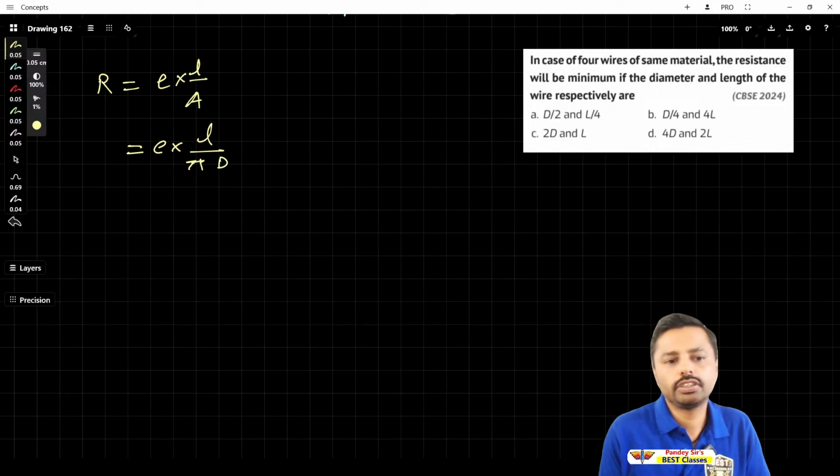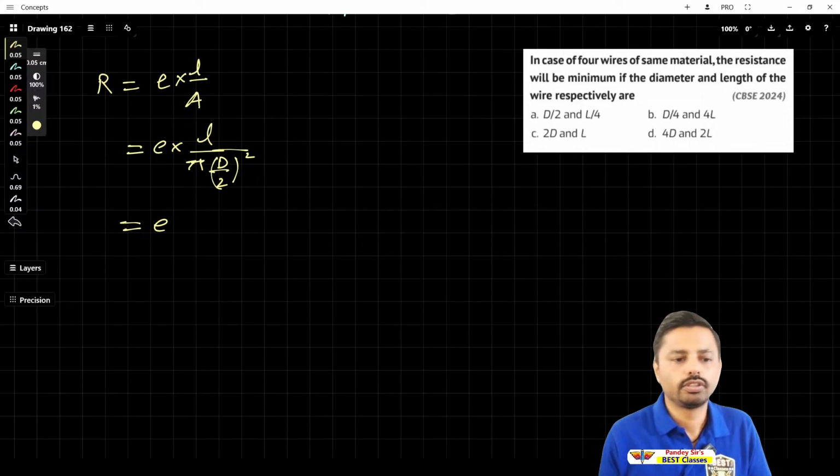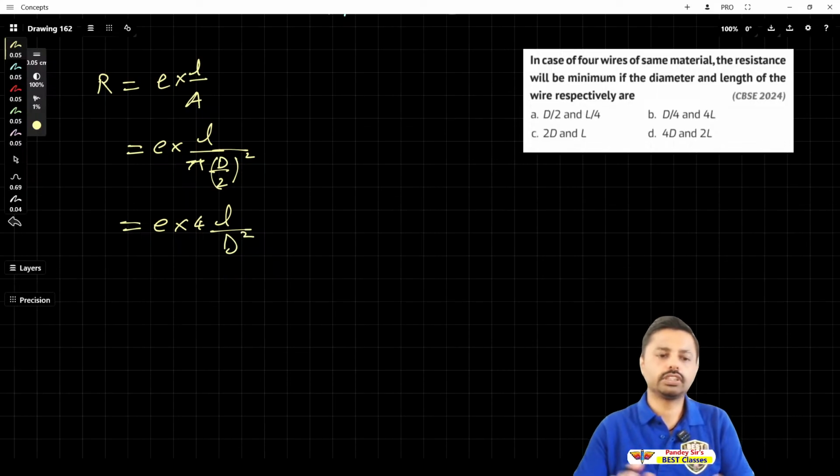R can be written as d by 2 square, which can be given as R equal to rho into 4L by d square. So this is the simple version.